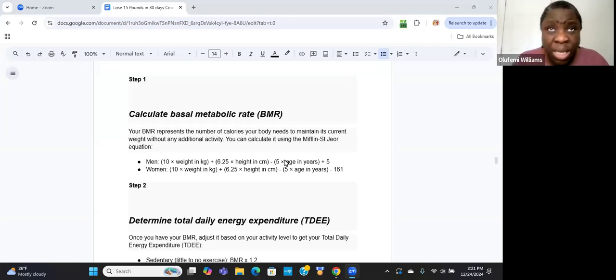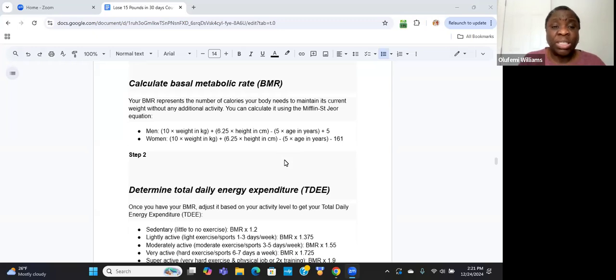Since this program is for women, we'll go for the women's formula. It is 10 times weight in kg, that's kilograms. If your weight is in pounds, just divide whatever weight you have in pounds by 2.2.